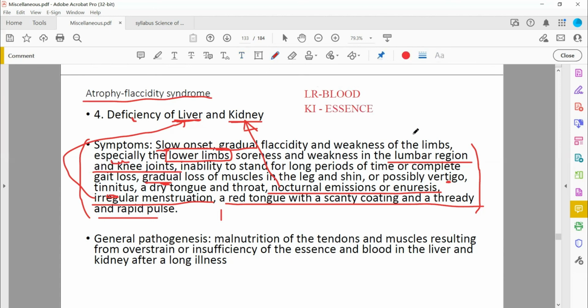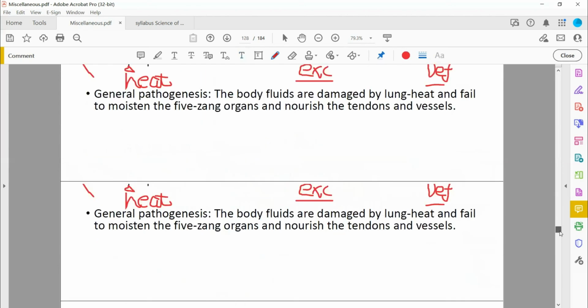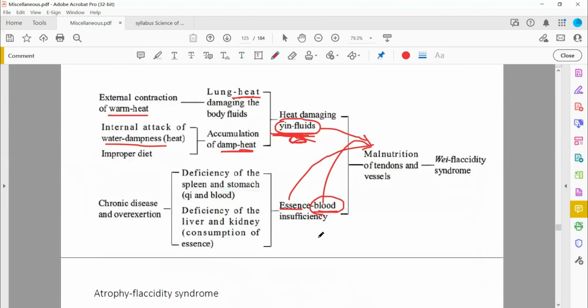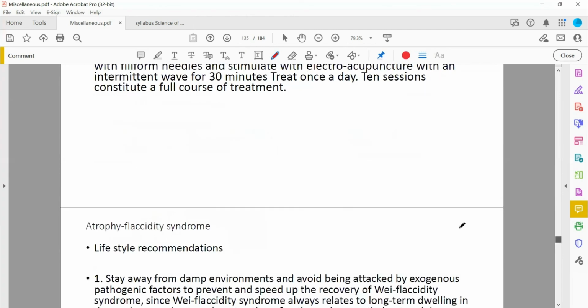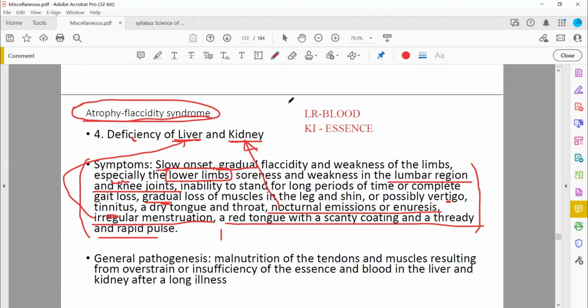For this atrophy, it could be essence and blood together. There's insufficiency, and usually the blood is very important for nourishing the tendons and vessels, right? So for this disease, there's a high possibility that the liver and kidney are both involved.